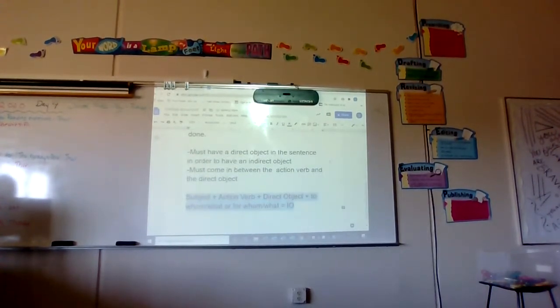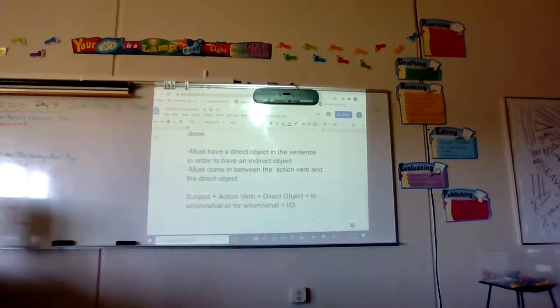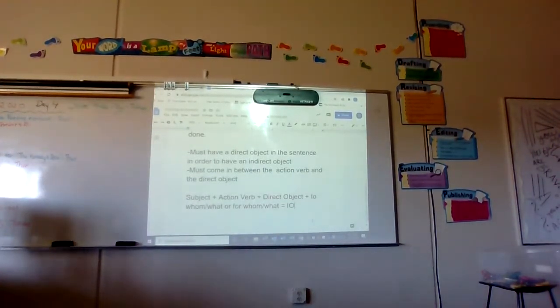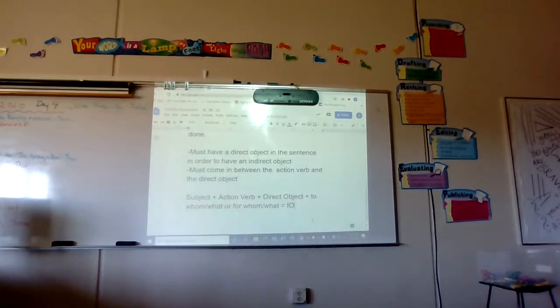Wait, it doesn't make sense because it says action verb, direct object, and then to whom, when you said it has to come between action and direct. Right, good question. So if you look at the sample in the book, the center offers children classes. My subject is center. My verb is offers.